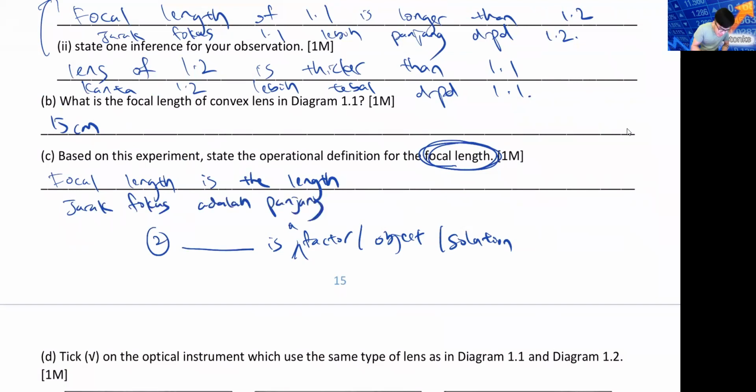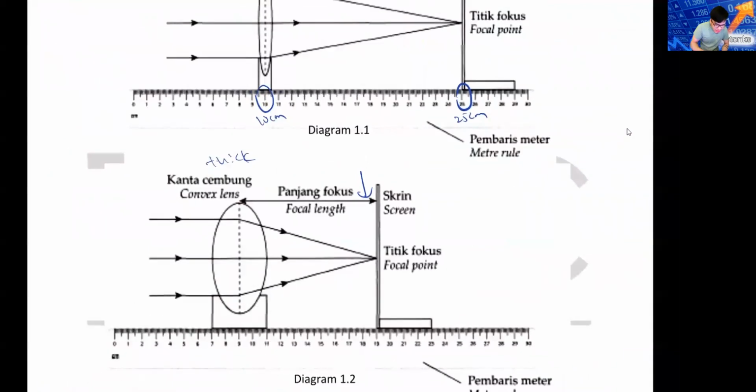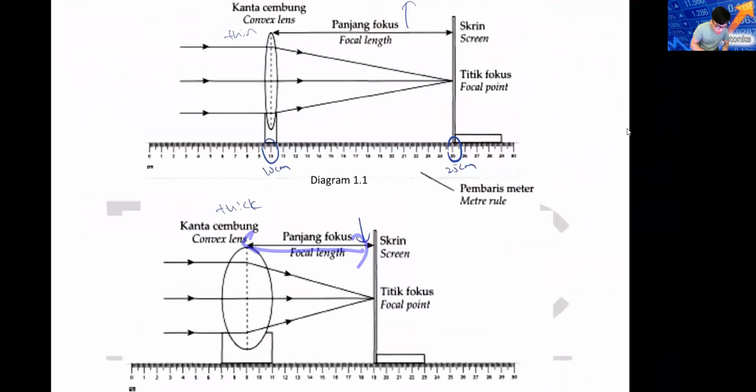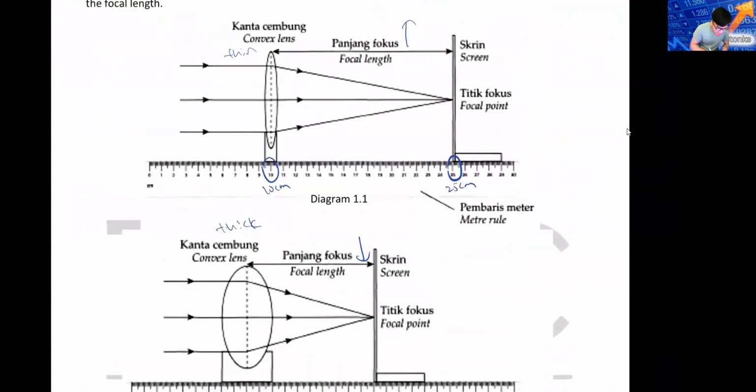So third step, what do you write behind? Very easy. Third step is you write your definition based on your observation, what you see, or based on your RV, your responding variable. Let's look at our experiment here. What do you see about this focal length? From both cases, we can see that the focal length depends on the thickness of the lens, right?